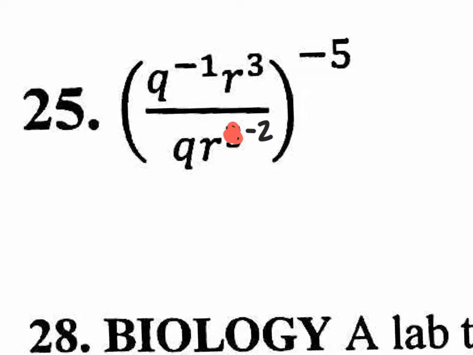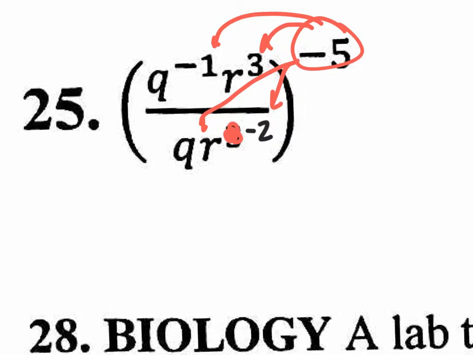If I distribute that -5 to that negative power of 1, distribute the -5 to the 3, distribute the -5 to the q, distribute the -5 to the -2. Remember, power to a power you multiply. So up on top you're going to have q to the +5, because -1 times -5 is +5.